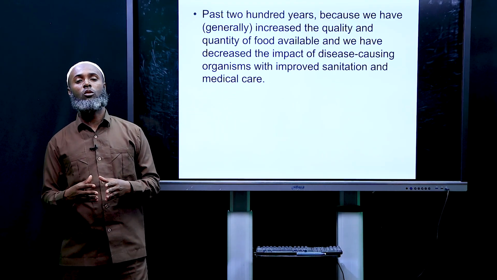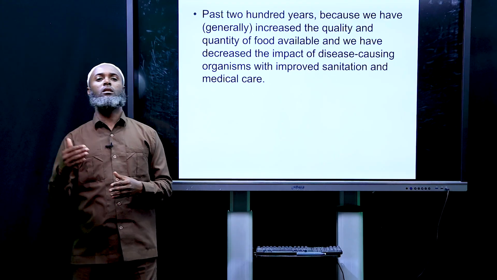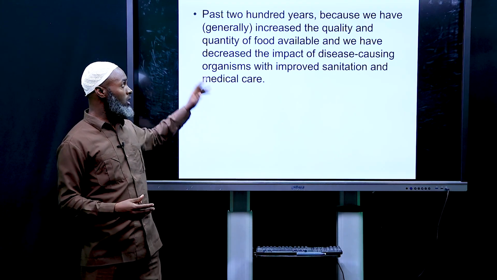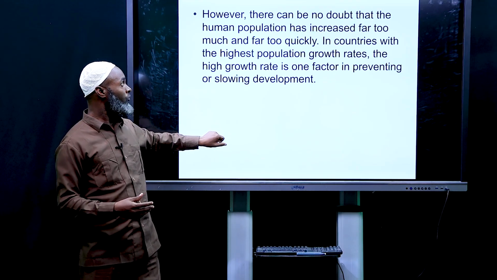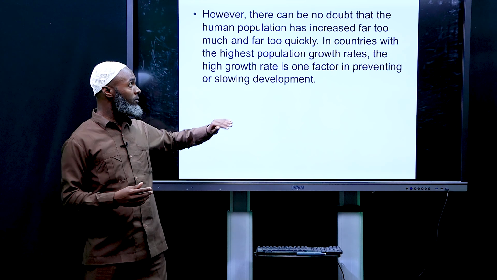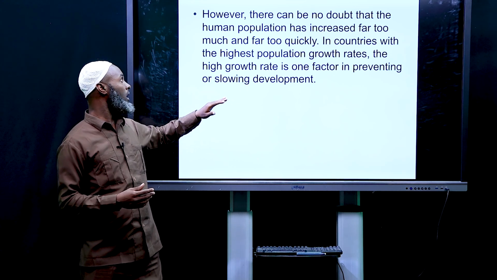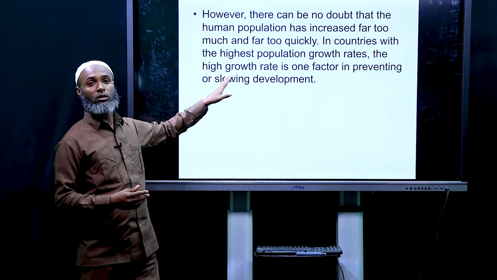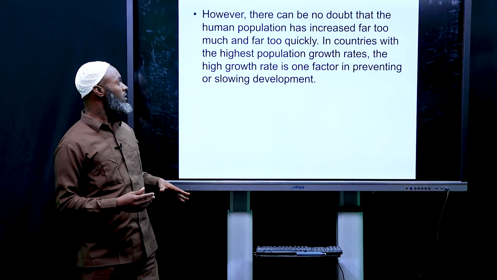Because of this, population size and population growth increased for the past 200 years. However, we can say that human population has increased too much when compared to previous years.